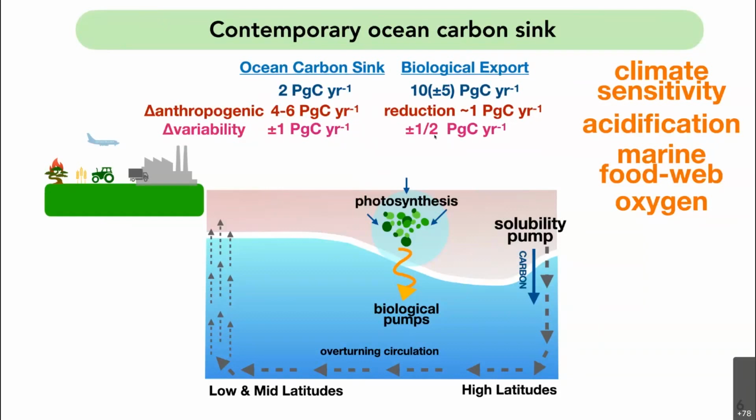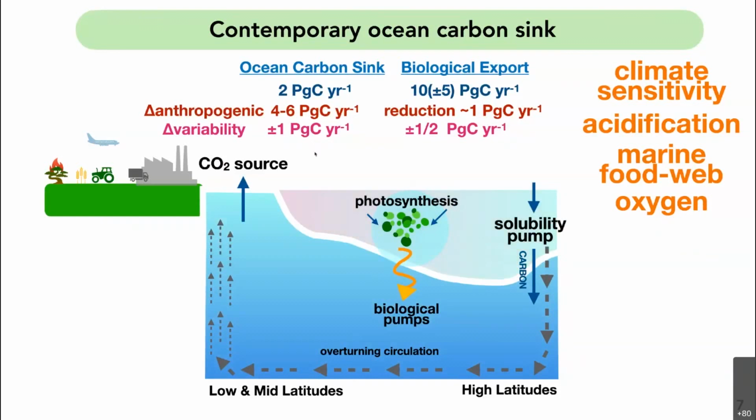We can immediately see here that the anthropogenic signal, which is 4 to 6 petagrams carbon per year that occurs over a century, is of the same order of magnitude as the variability that can be expressed within a single year. So we have a signal to noise issue for observations, as well as in some cases for modeling.